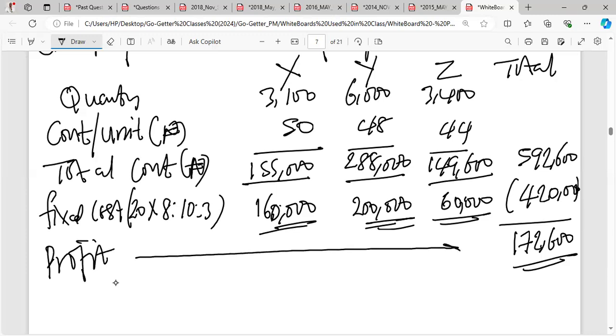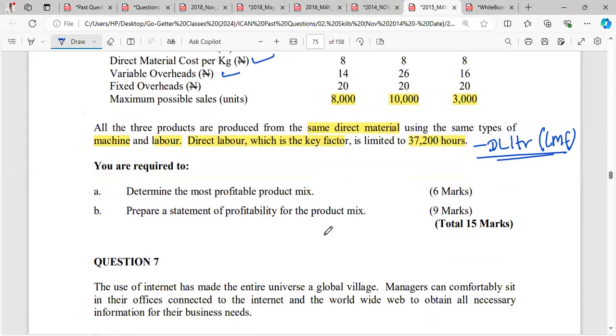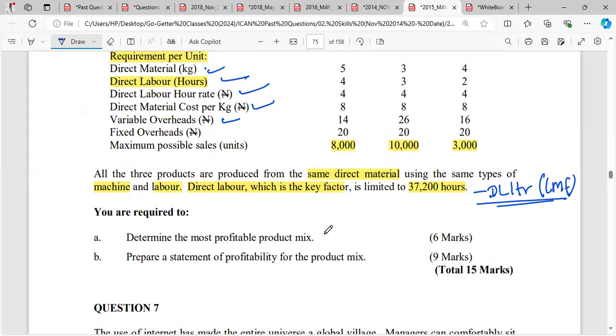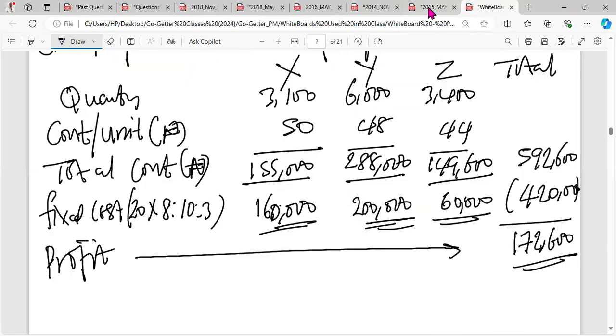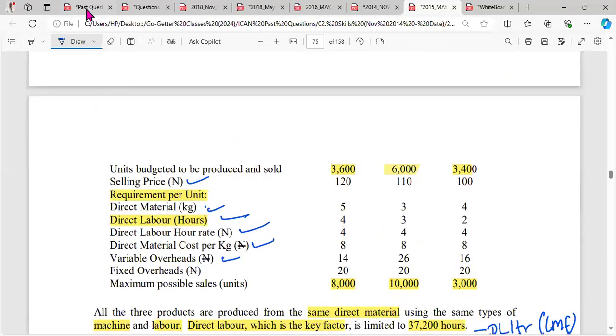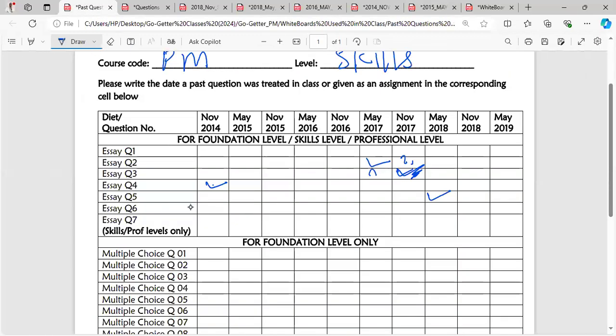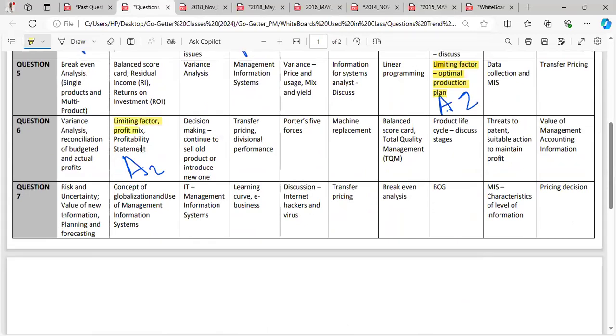That's what the question is asking you, to produce a profitability statement for the product mix. So we've done May 2015, question 6. This is what we have just done.